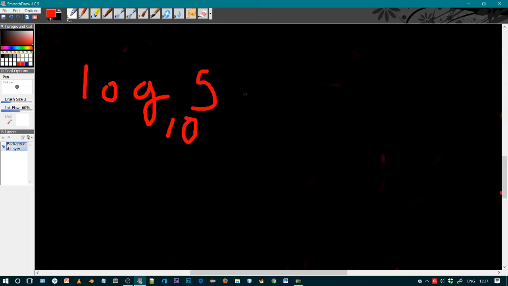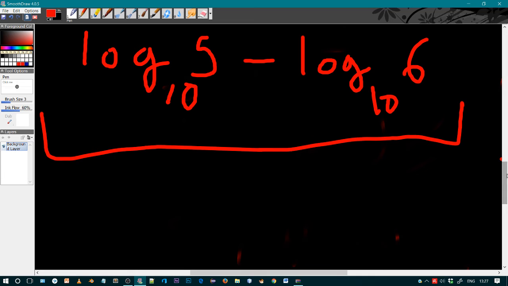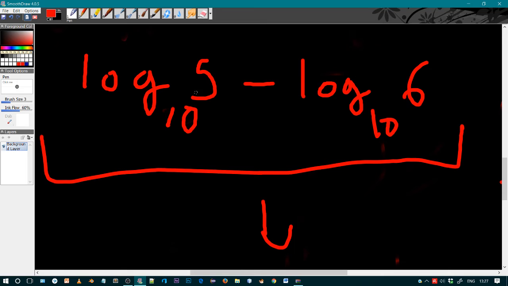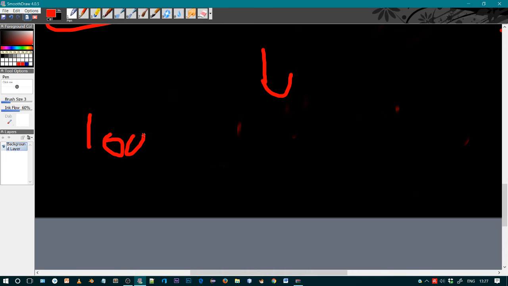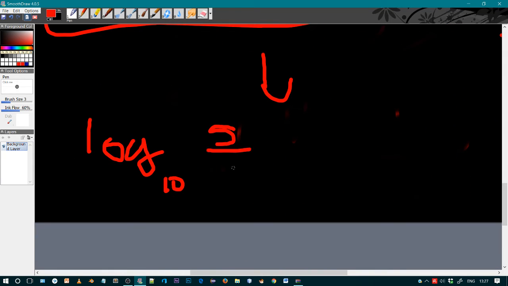So for example, it's written like that, log 5 and log 6 with base 10. So this expression can be written as log 5 base 10 minus log 6 base 10. So this can be written as log base 10 of 5 divided by 6. Okay.